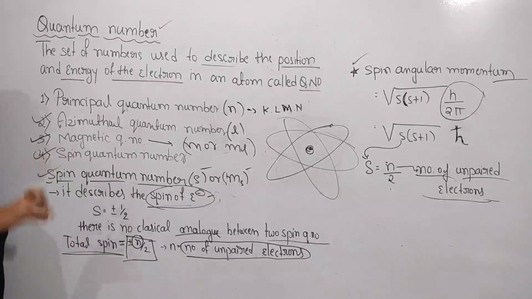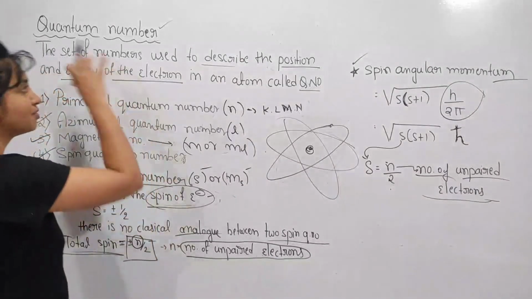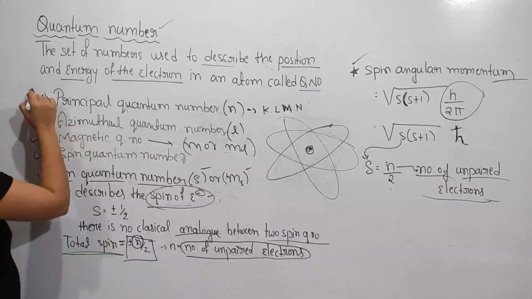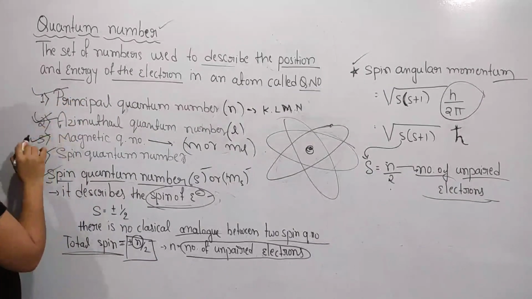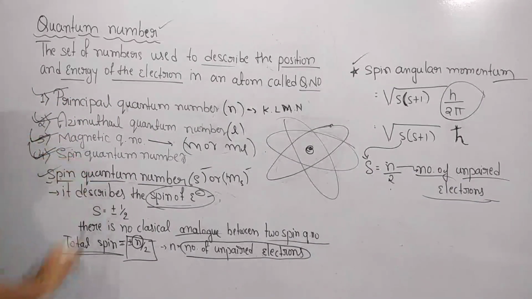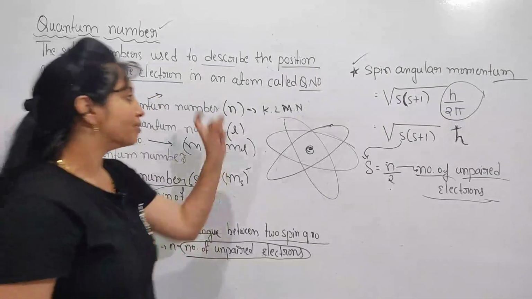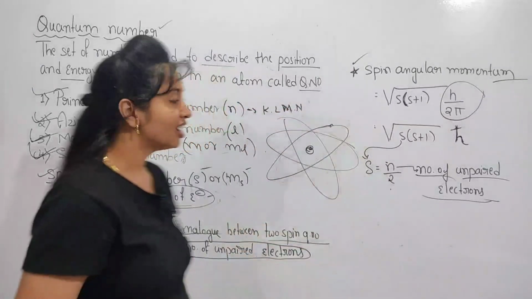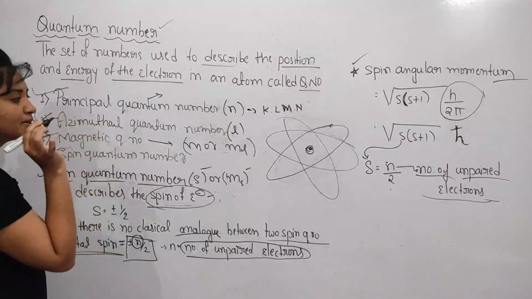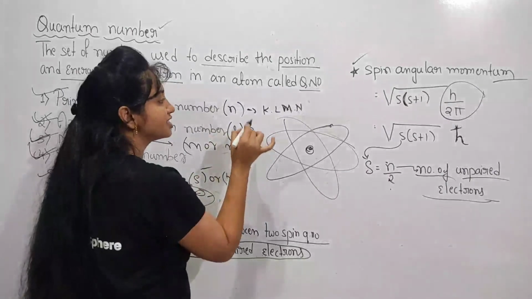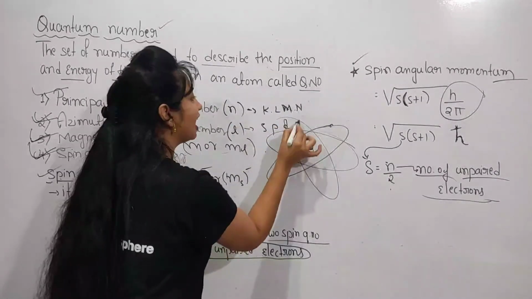I hope you got clarity about these four quantum numbers: the principal quantum number, azimuthal quantum number, magnetic quantum number and the spin quantum number. The principal quantum number is mainly about the main shells like K, L, M, N. The azimuthal quantum number is about the subshells like s, p, d, f.